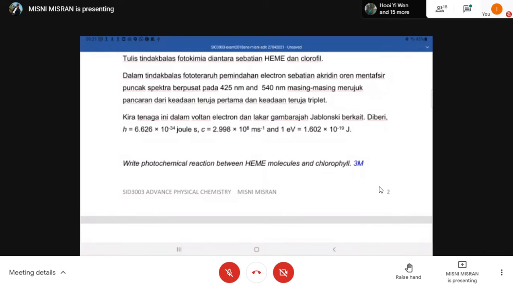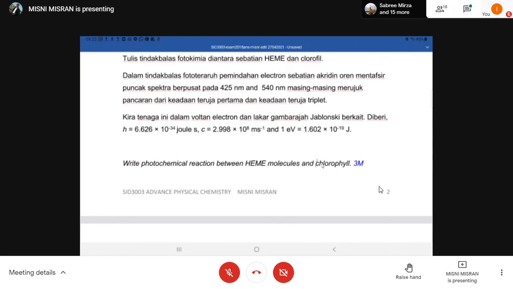I'm not asking you to write the whole molecular structure, right? You are given it here, the heme molecule. You can write HEME here, representing the molecule.